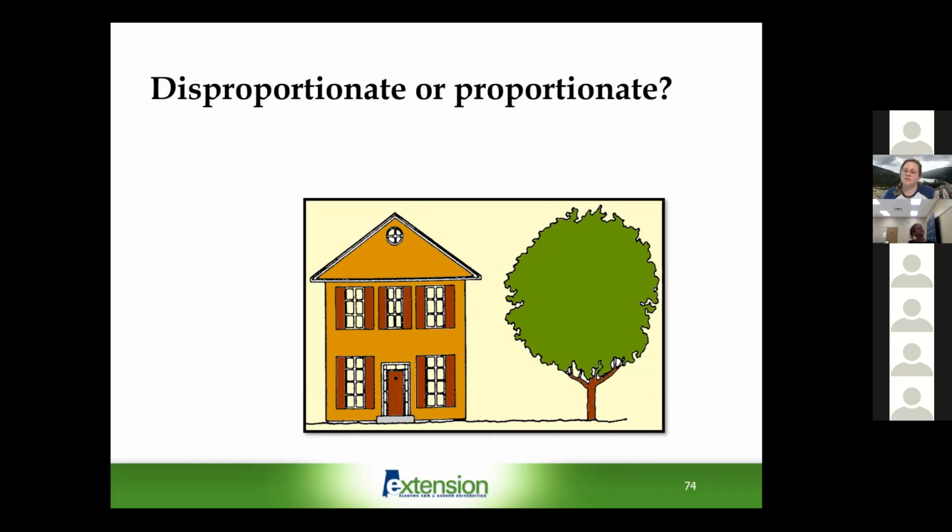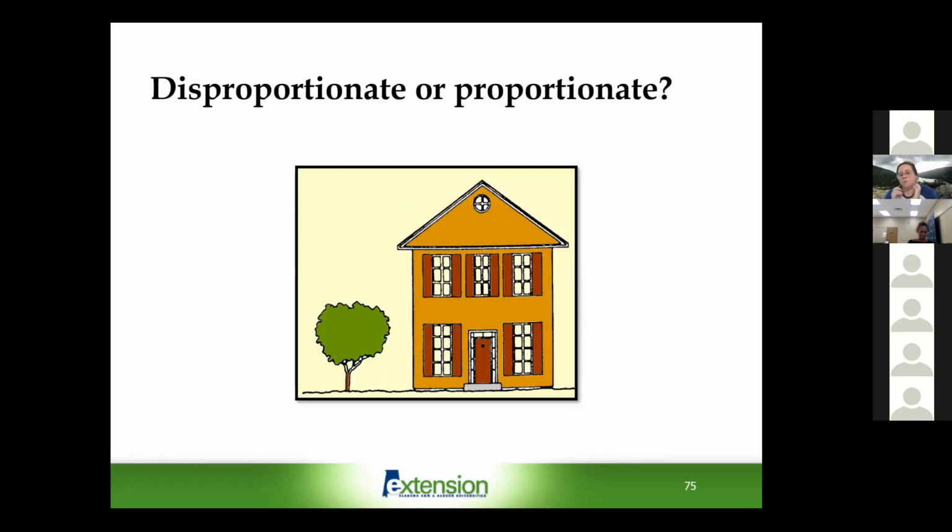But if this is just what we've been given, I would say in scale to the house, yes, it is proportionate. It's about the same size as the house. It's not overwhelming the house. It's not really tiny and puny. So for now, it's proportionate. Now, if it gets bigger, we may have a problem. But yes, lot size is going to be important on that as well.